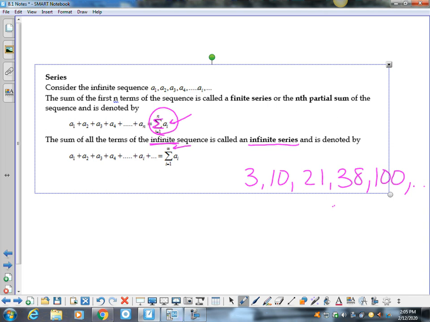Okay? So this is the sum of a sequence or a series that never stops. Okay? This is the sum of a finite series. So like if I stopped this right here, I can find the sum of this. I just add them all together.